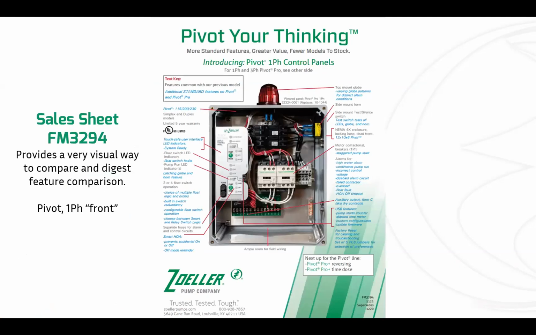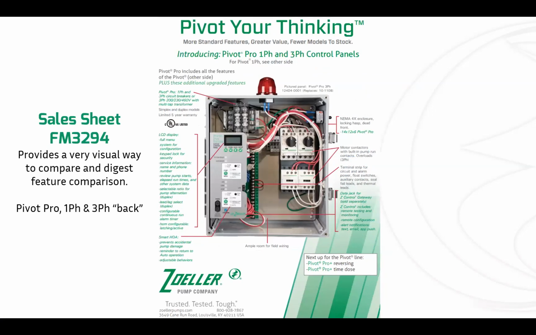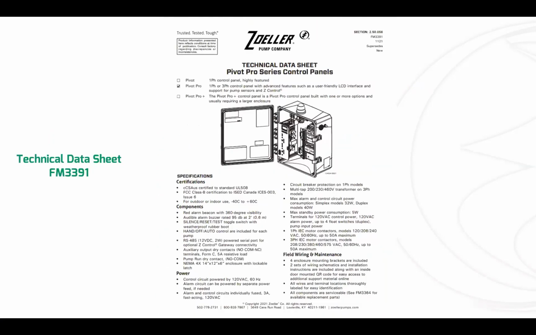I'll just run through a few assets here. I know we're probably getting short on time, but this is a sales sheet, front and back. This is more salesmanship-y, if that's a word. You've got Pivot on the front, Pivot Pro on the back. Maybe what folks in this webinar are more interested in is something like this, a technical data sheet.